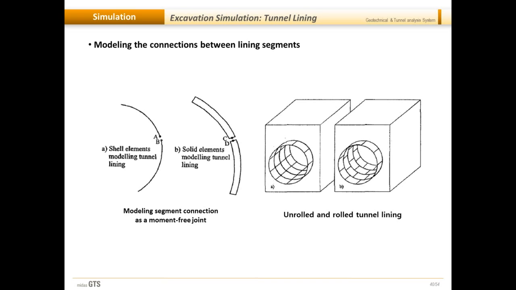But what about lining or the segments which are prefabricated and they have connections between them? This problem is largely looked into by structural engineers, and what structural engineers do here is that they model it using shell elements, and at node A and B, if they are released for movement and they are not transferring any movement, there's just shear and axial force, they couple the behavior of these two nodes so that they can transfer just the axial force and shear but not moments.